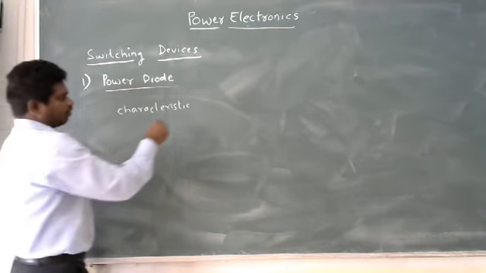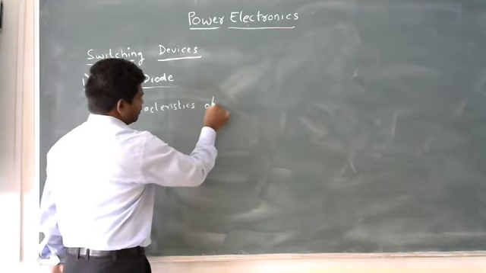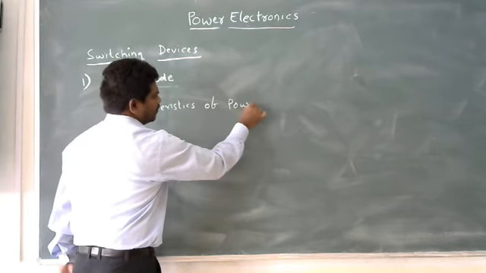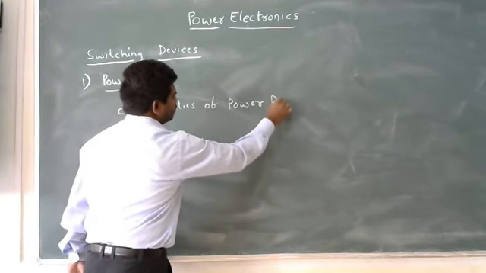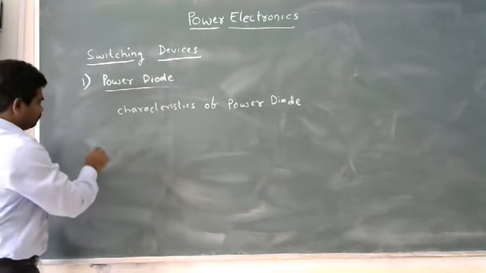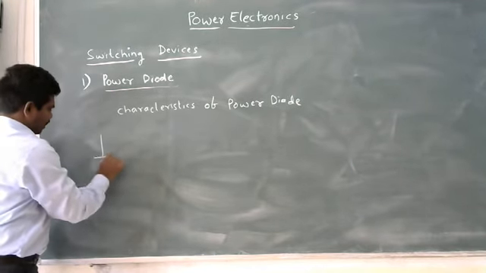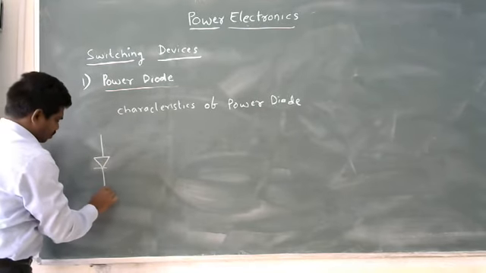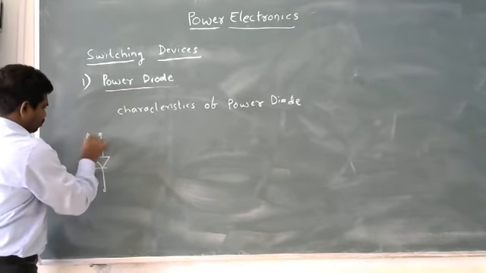Then the characteristics of the power diode are the same as a normal diode. We'll take one diode. This is my diode.